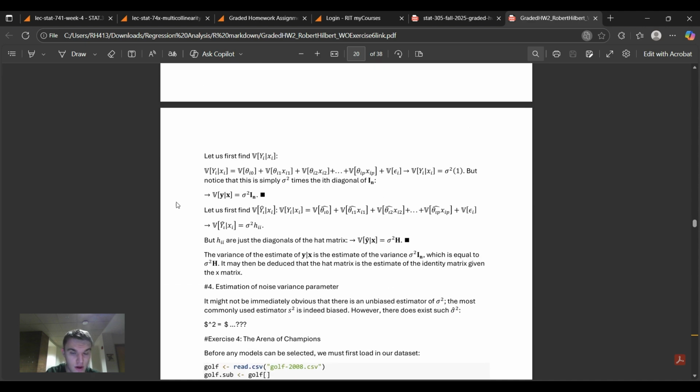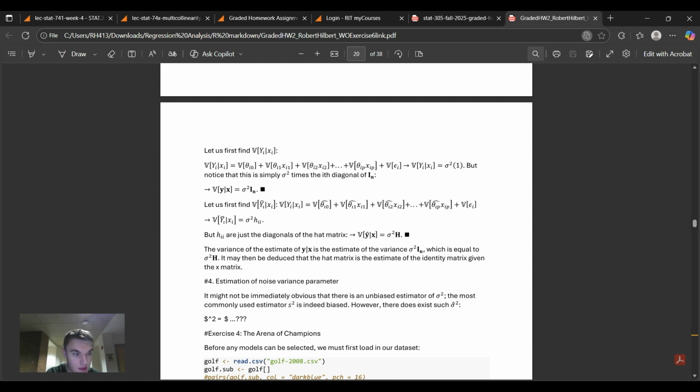Yes, here we go. I did not expect that the estimator of the variance of y given x would be sigma squared the hat matrix, because it didn't really click with me that this is supposed to be an estimate of the identity matrix the entire time. It was very unexpected, and I think it's very lovely that I was able to find that out.